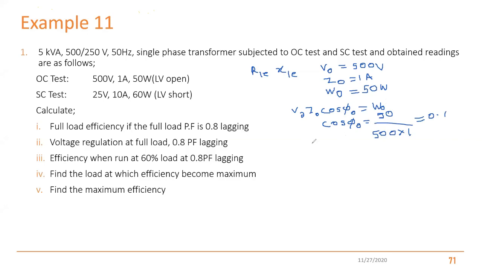Therefore, you can calculate the IC current as I naught cos phi naught. So IC becomes 1 into 0.1, IC is 0.1 amperes. Then magnetization current IM is I naught sin phi naught.